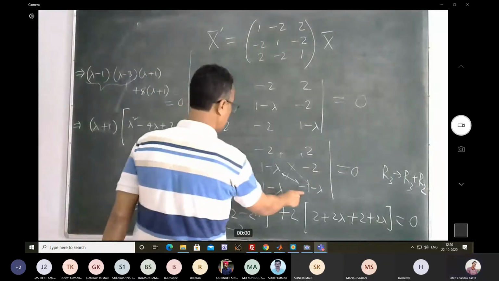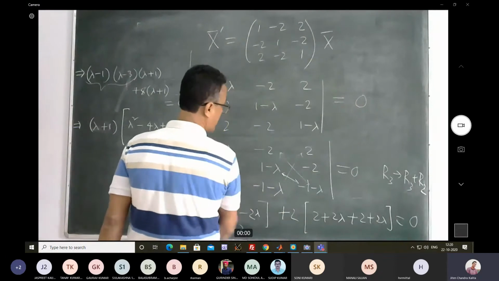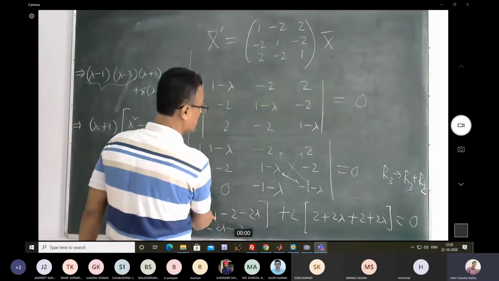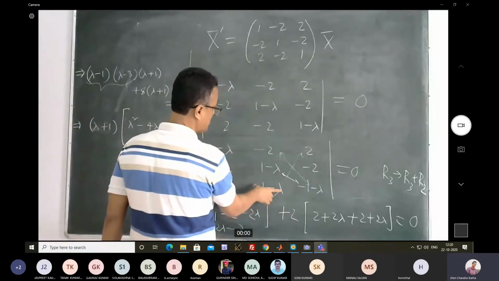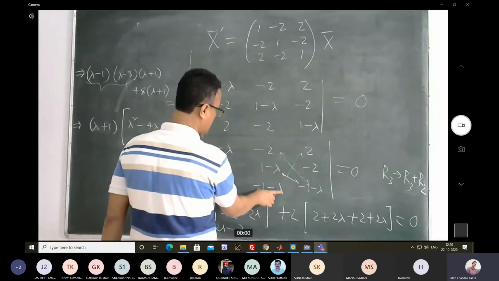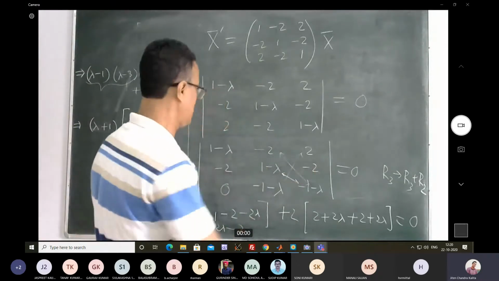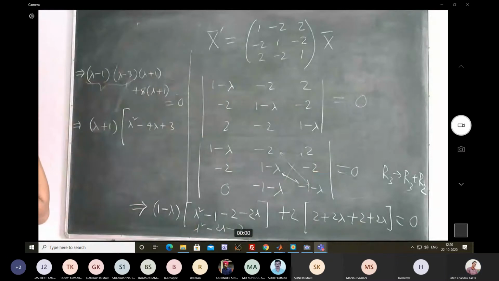Is it okay? Just a minute. So this is minus lambda into minus lambda. This is lambda squared. Then plus minus 1 minus 1. Okay. Then minus, so that makes it plus into this. So this is fine. 2 minus 2 lambda. This should also be fine. Plus 2.